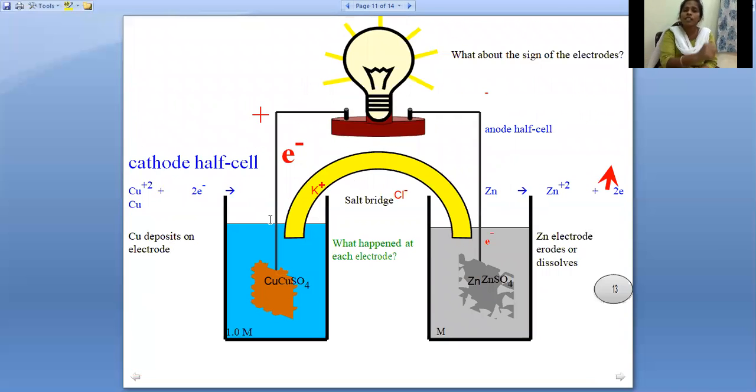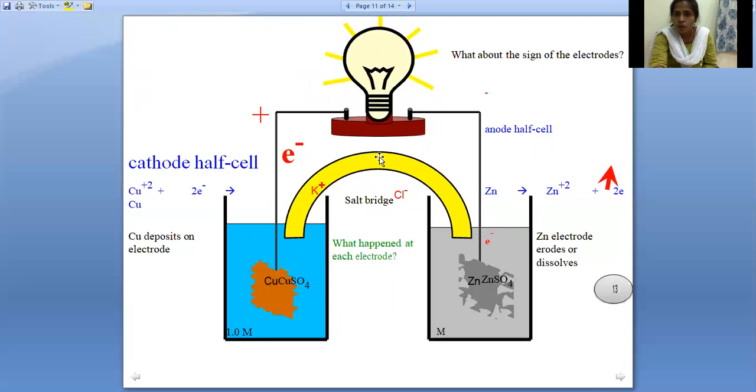So this is the construction of the galvanic cell. Here, the zinc rod is dipping in zinc sulfate, and the copper rod is dipping in copper sulfate. The zinc rod and copper rod are connected with the help of an electrical source. The two electrolytes are connected with the help of the salt bridge.